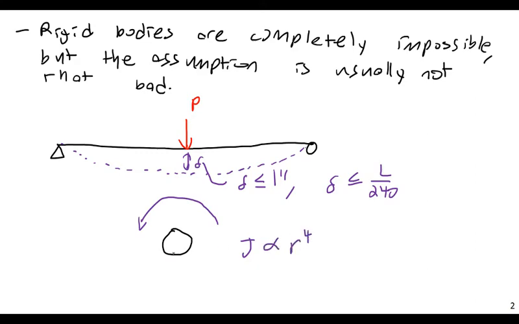So if you think about the cross-sectional area of a rotating cylinder, it makes sense that as this thing rotates, it stretches a bit, doesn't it?